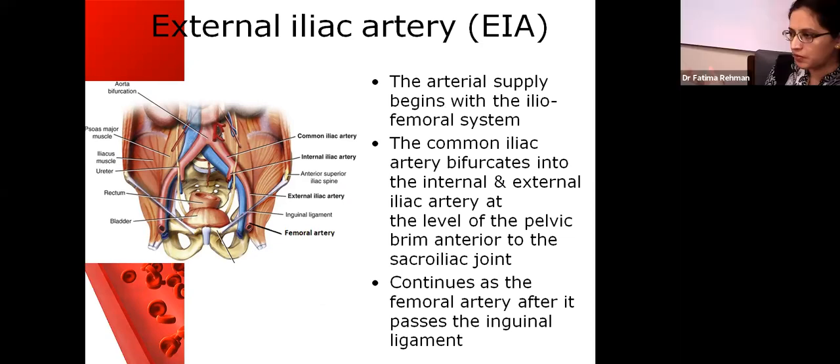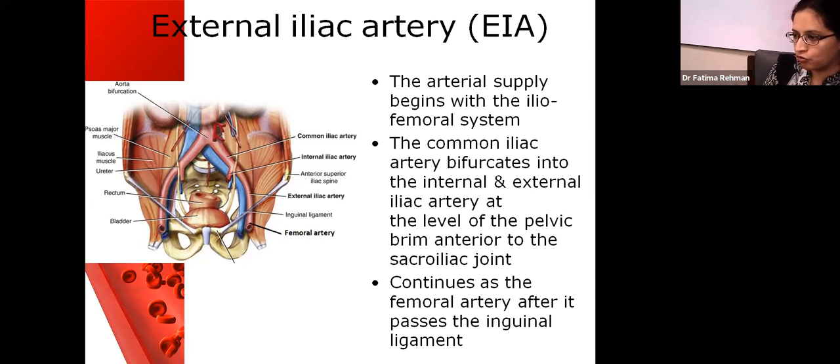We have got the false pelvis or the broader pelvis above, and we have got the lesser pelvis or the true pelvis below. And there is a line of demarcation which is actually formed by the arcuate line of the two hip bones, and this line of demarcation is called the pelvic brim. Above the pelvic brim lies the false pelvis, and below the pelvic brim lies the true pelvis.